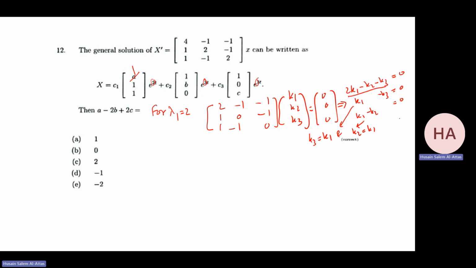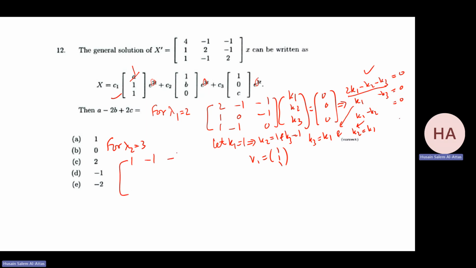If you plug them in, I get 2K1 minus K1 minus K1, so it is always satisfied. So I let K1 equal 1 to get K2 equal 1 and K3 equal 1, which is 1, 1, 1. Now for lambda 2 equal 3, what will happen?